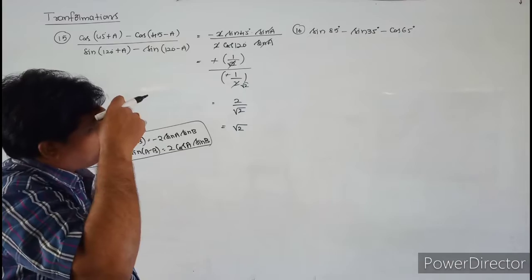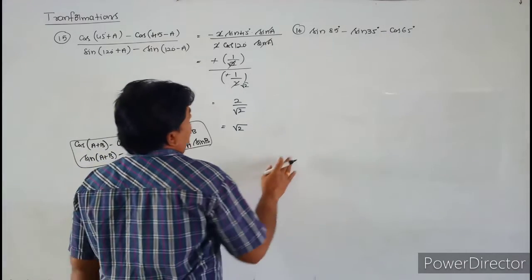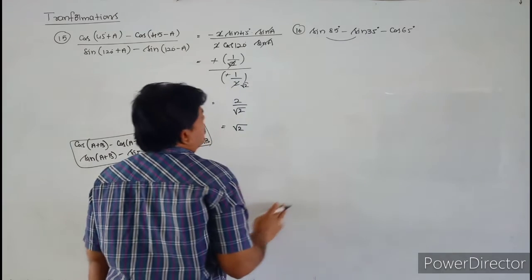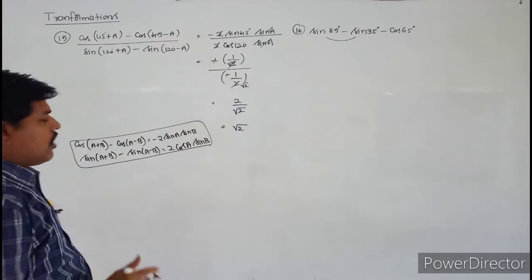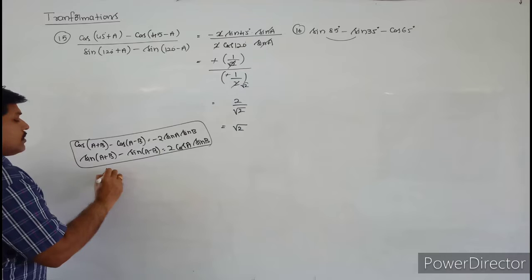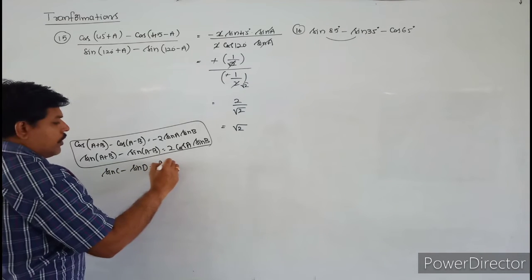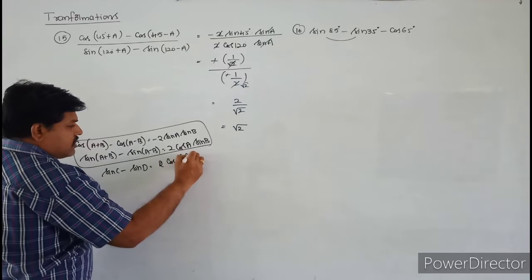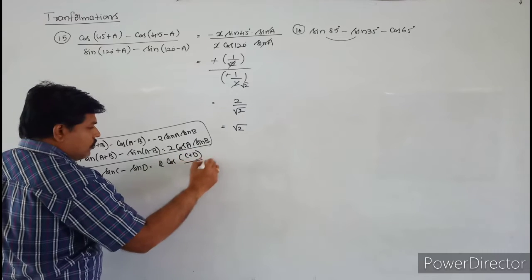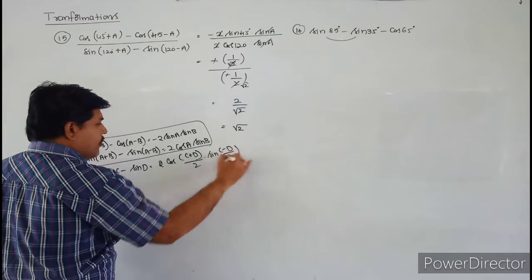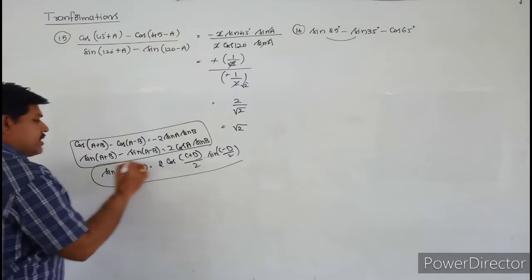So what we will do, students, here? First we will apply the transformation formula for these two terms. What is the formula? Sin c minus sin d formula. I have already given that. Sin c minus sin d is equal to 2 into cos of c plus d by 2 into sin of c minus d by 2. Apply this formula here, students.